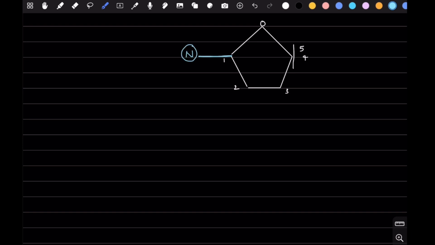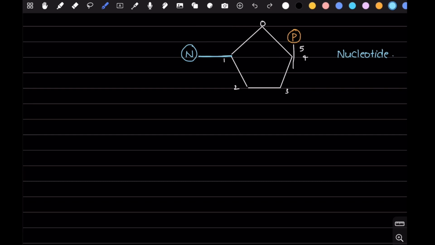Where is the phosphate group attached? The phosphate group is attached to the sugar at the fifth place. So, this is a nucleotide now. A sugar, a nitrogenous base, a phosphate group. Altogether, it is a nucleotide now.